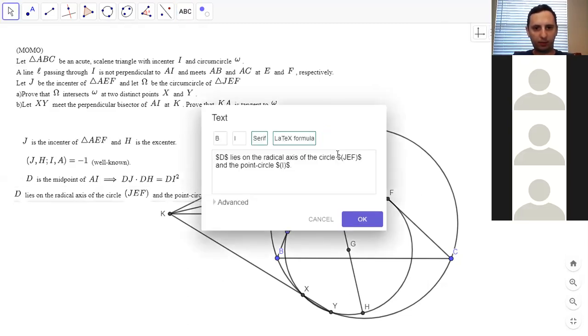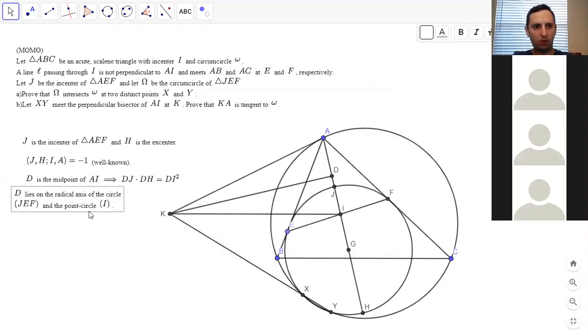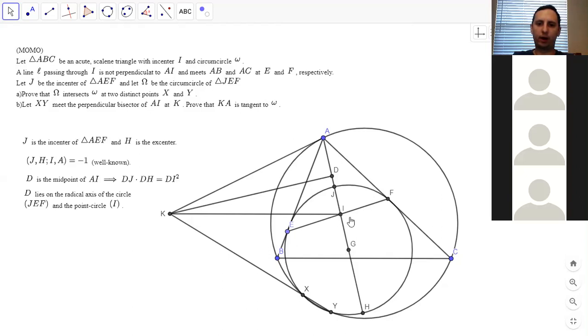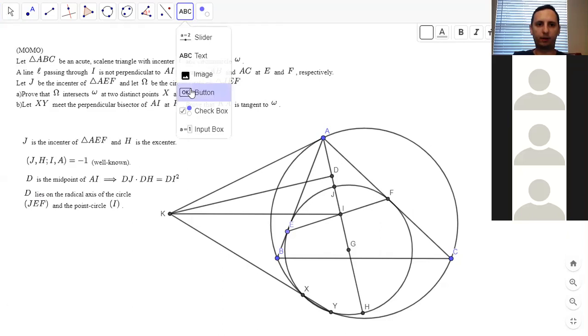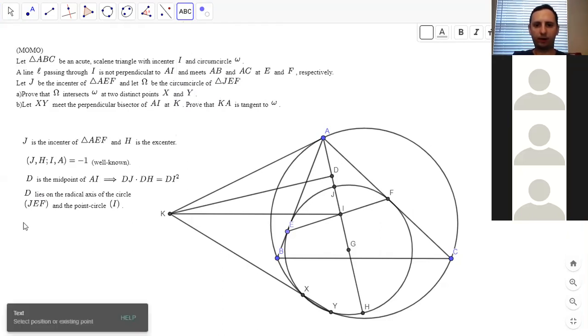Let me break this up. Since G is the center, or IG, I'll say KD is perpendicular to IG, implies KD is the radical axis.